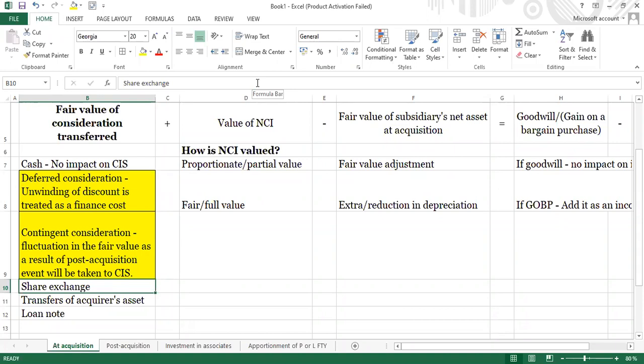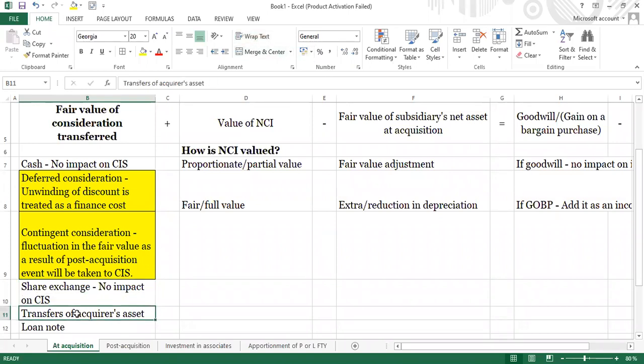If you are looking for share capital in the income statement, something is wrong. So most times, if not all the time, share exchange has no impact on the consolidated income statement. So we are bringing it home little by little.